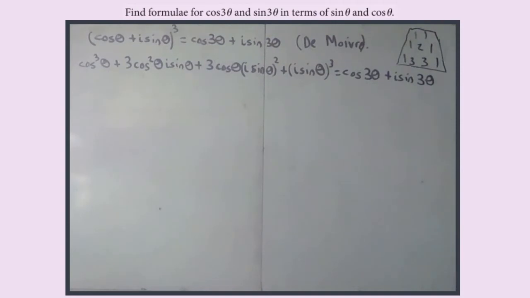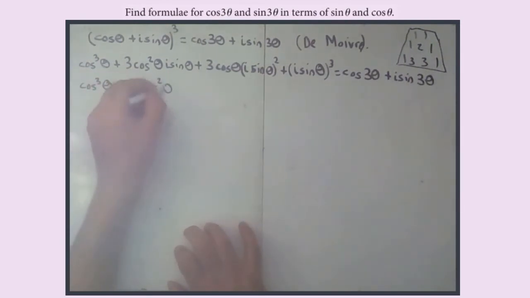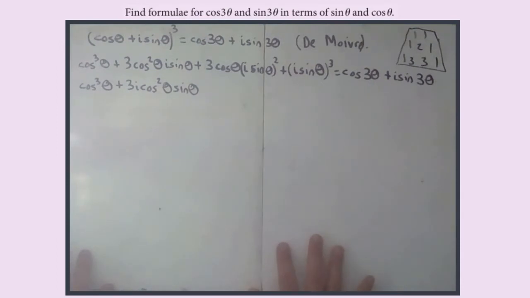Right. So I'm just going to do a bit of work on this left hand side before I start to group. So cos cubed θ plus, well, this is an imaginary part, so I might just call that 3i cos squared θ sin θ. This next bit is definitely going to need some work.